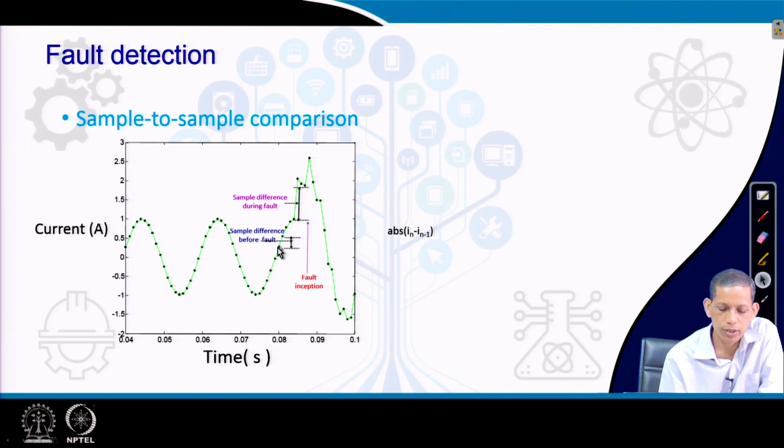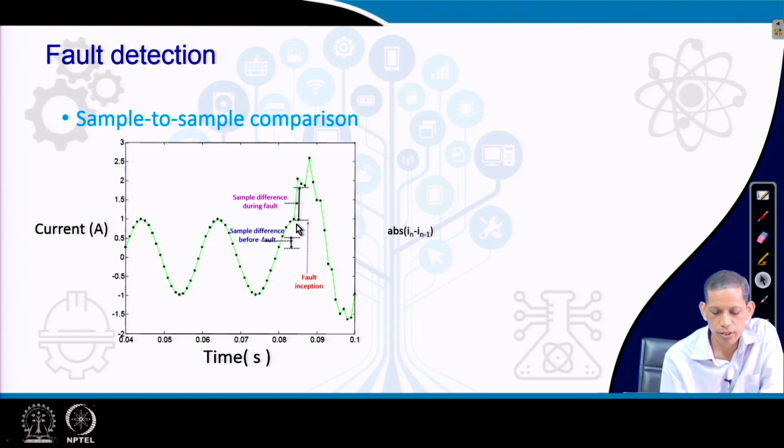You see here these sample values are acquired through an analog to digital process, or ADC, and once these sample values are available to the relay, in the software the relay executes the different algorithms.